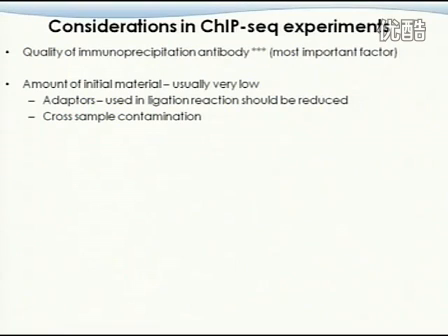And because of this, when you do the experiment, of course, it's written in the standard ChIP-seq protocols that adapter usage you need to really specially consider. The amount used in the ligation reaction should be reduced. So you've got a limited amount of DNA, and you put adapters on there. If you use the same amount of adapter as for RNA-seq or DNA-seq, you end up with a lot of adapters, just 2 adapters, right?